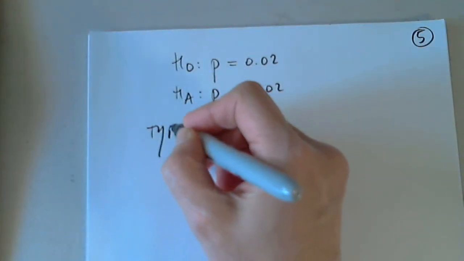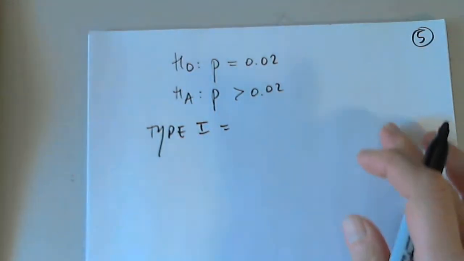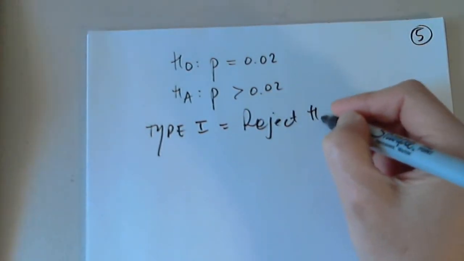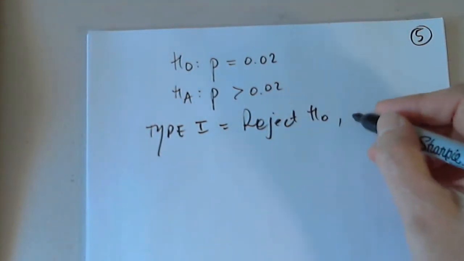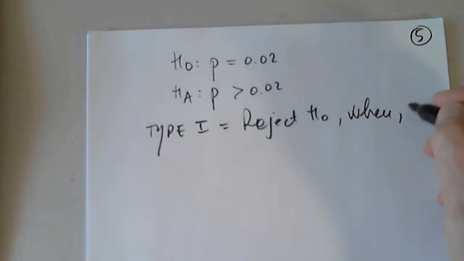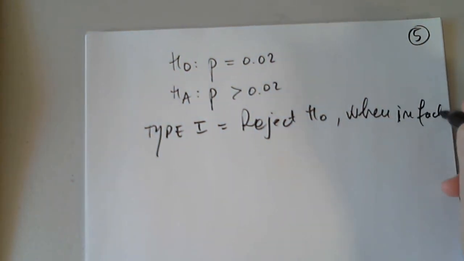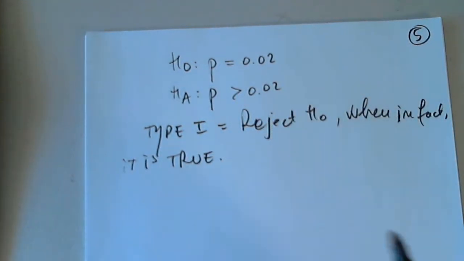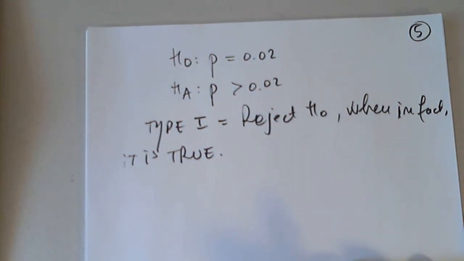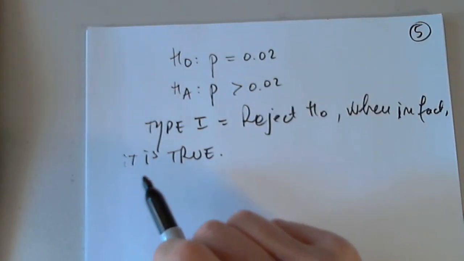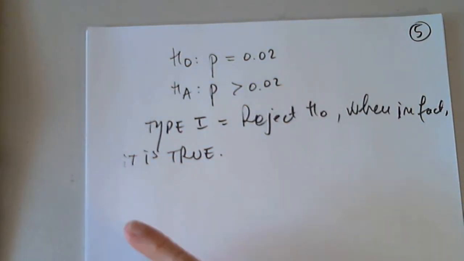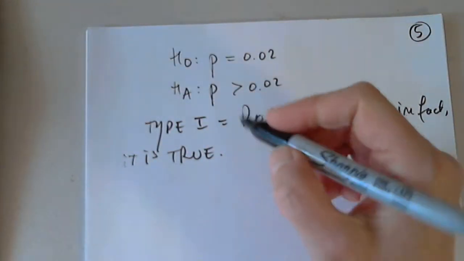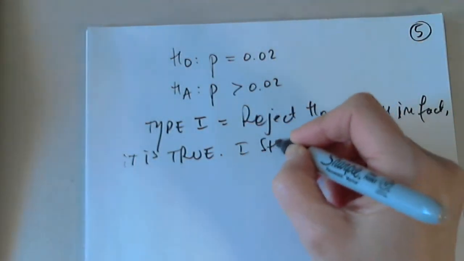So type 1 will mean reject the null hypothesis when in fact it is true. I don't really like to write this. Better, I reject the null hypothesis when in fact I should not.